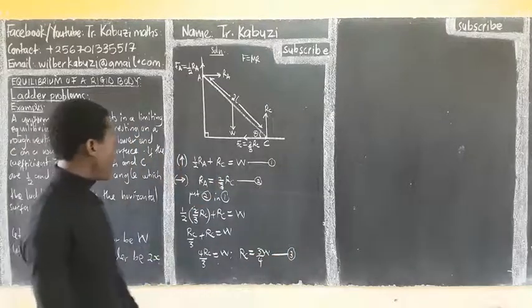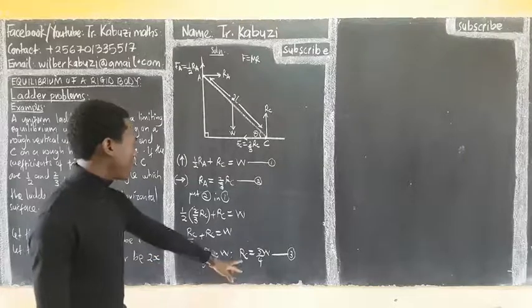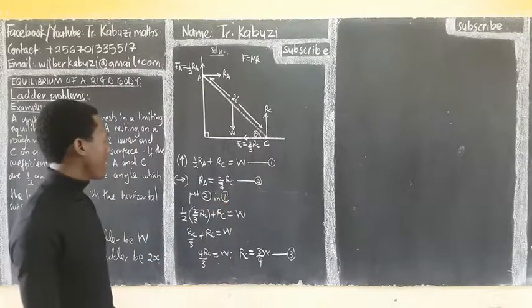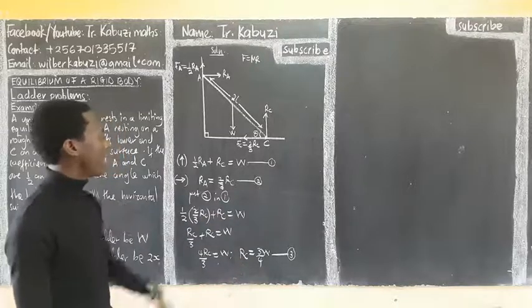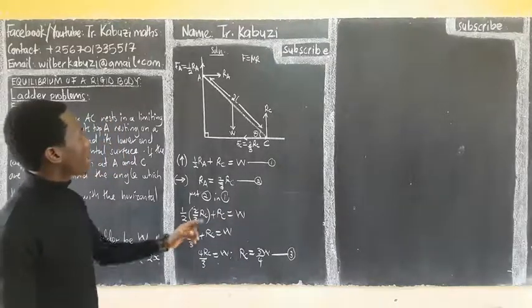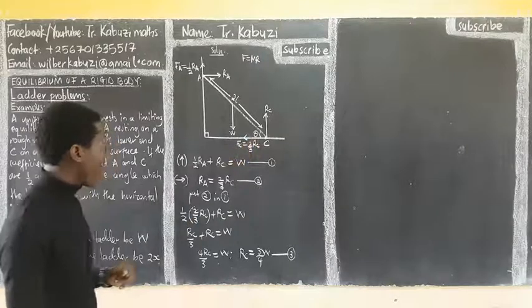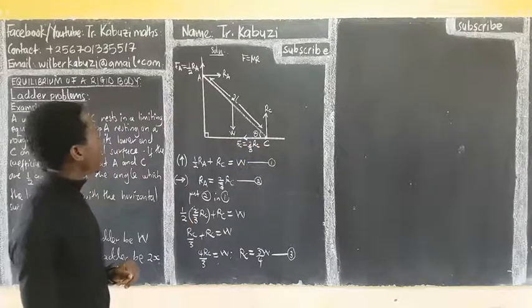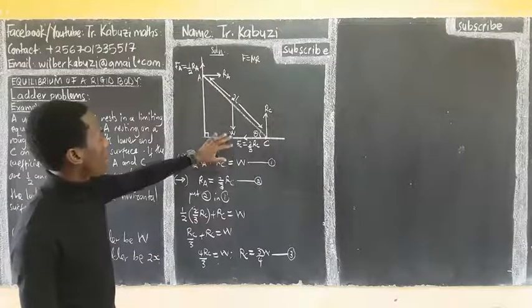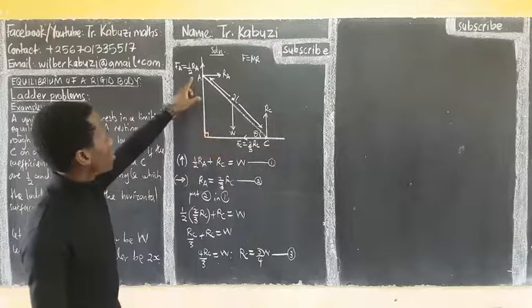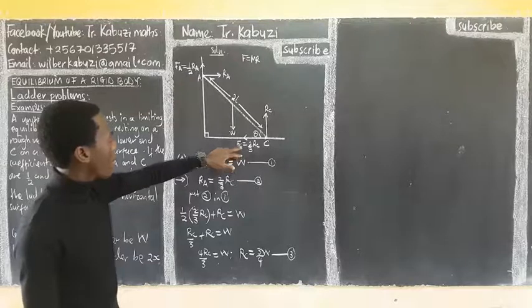Okay. Now after having RC, we can get our RA in there. But our interest is in getting this angle theta. So after having that, we are now going to take our moment.